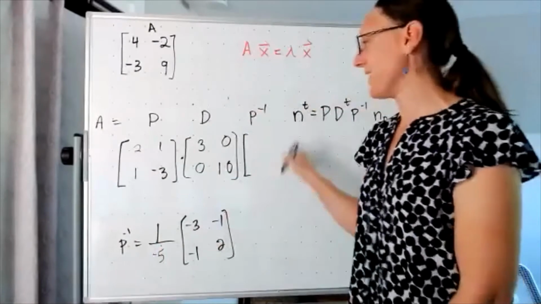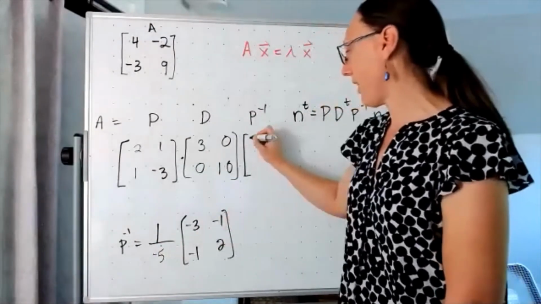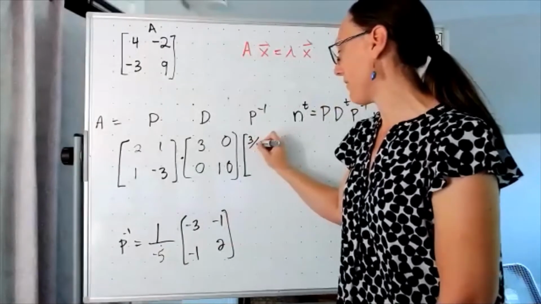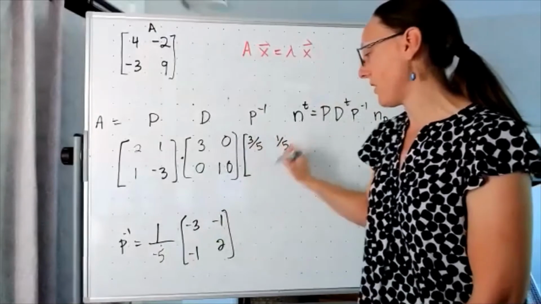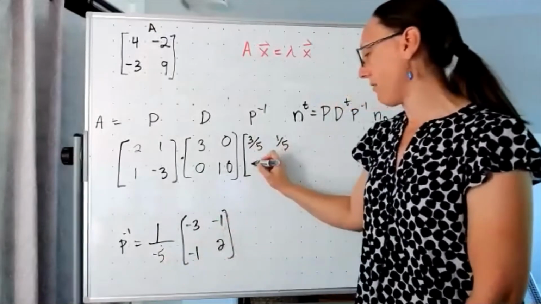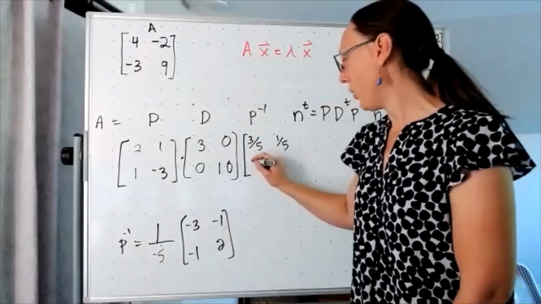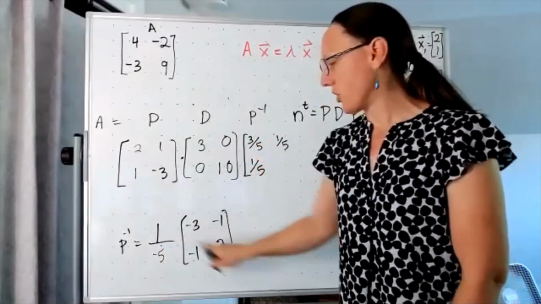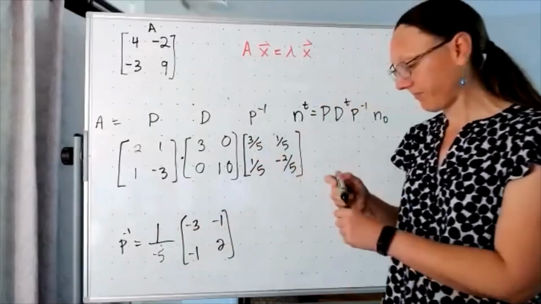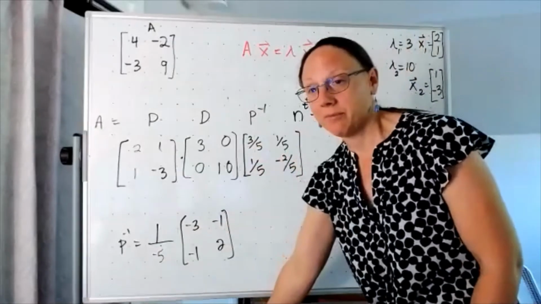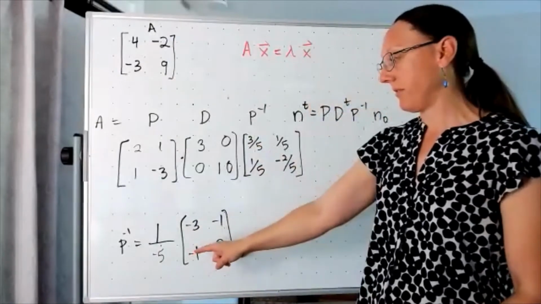I'm going to go ahead and distribute those pieces in. So I'll have -3 over -5, or 3/5, -1 over -5, or 1/5, -1 over -5, 1/5, and 2 over -5, -2/5. Now I claim, oh, question about my -5.